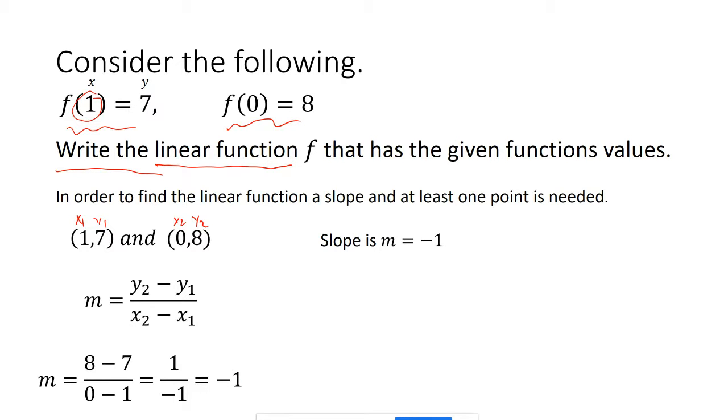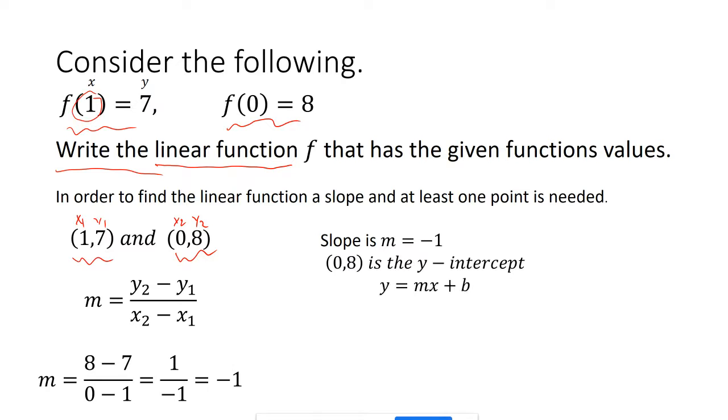So now that we know our slope is -1, then you can use either this point here or this one here. It doesn't matter which one you choose. So I'm going to pick one, and then I'm going to talk about one of these as a special point. Okay, but we'll wait a second on that. So here, 0, 8 is actually the y-intercept, so that's a special point.